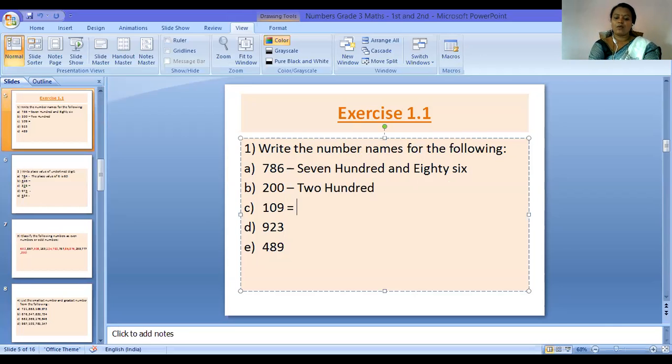Third one, we have 109. There's nothing in the tens place, so we write it as 9. Now, I want you to try some drill work. Question D for you is 923, next 489.